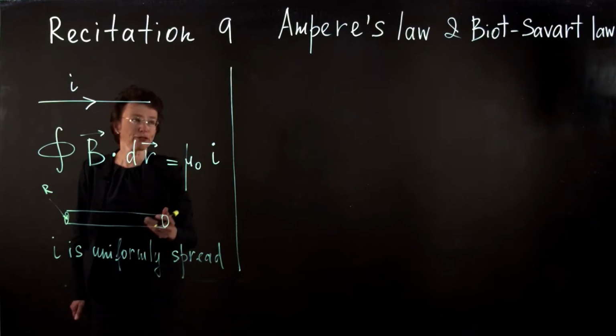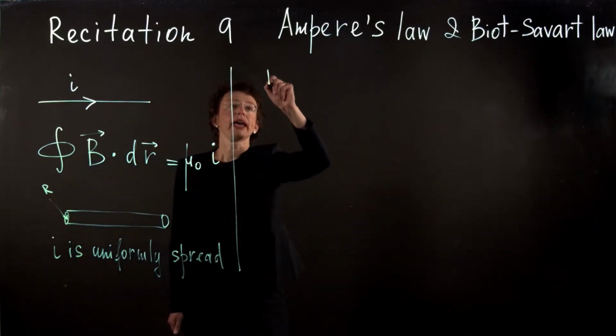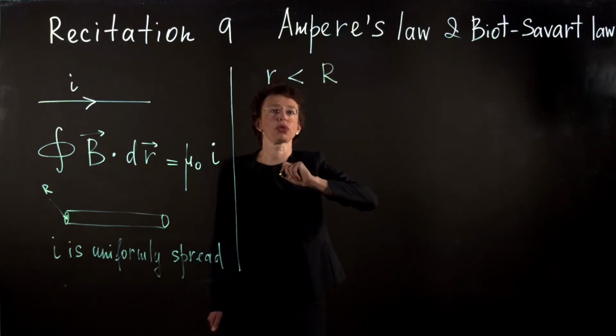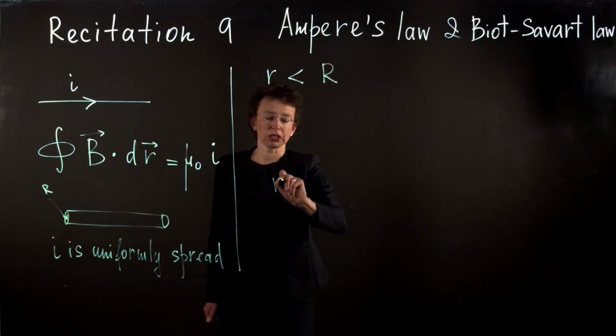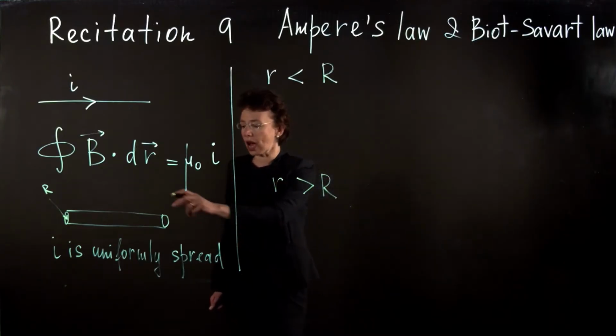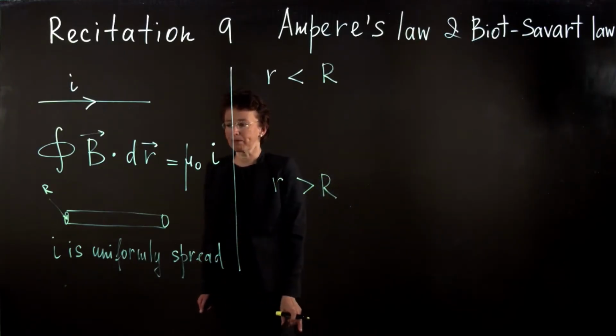What is the magnetic field everywhere at arbitrary r less than the radius of the wire, and at arbitrary r that is greater than R, which means outside of this wire?